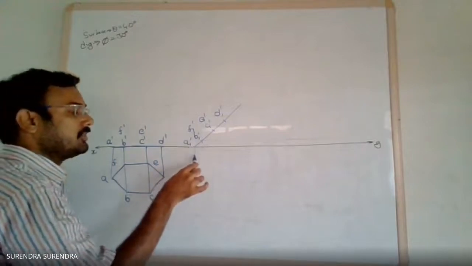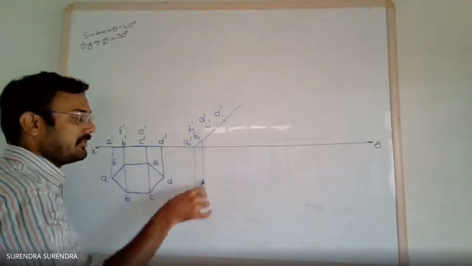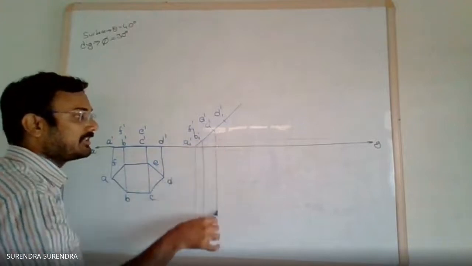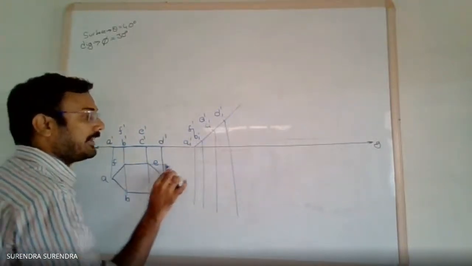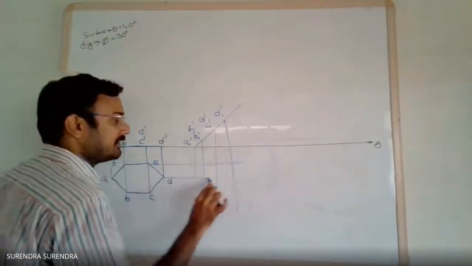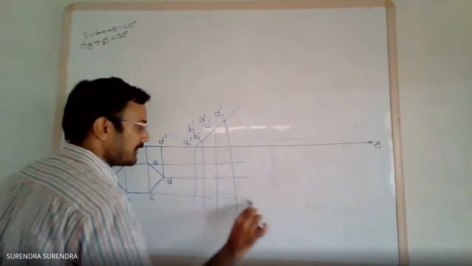Now, draw the projections from each and every point from the front view, and a parallel line to the XY line from the top view.